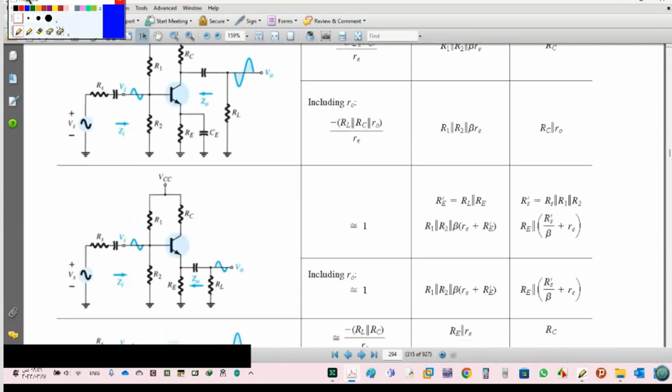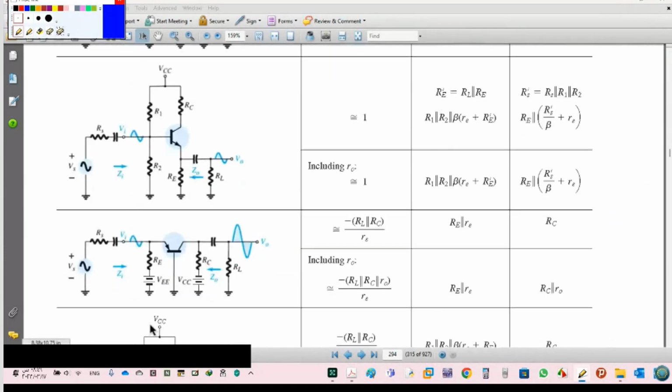This one is cancelled. And I am responsible for this one to calculate. So we have now common base, fixed bias configuration, emitter bias configuration, and voltage divider configuration with CE, with bypass capacitor.